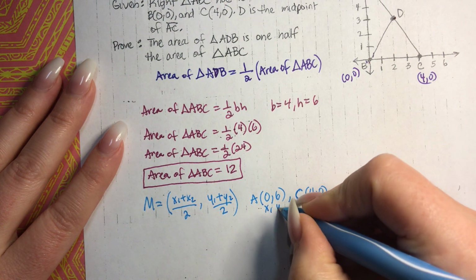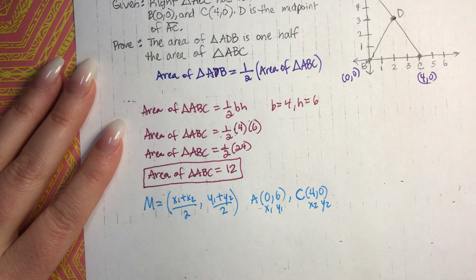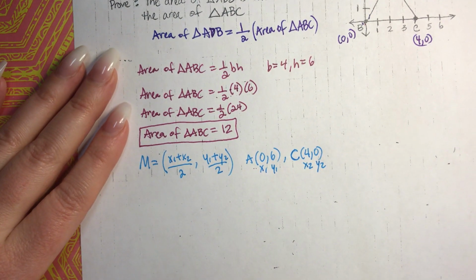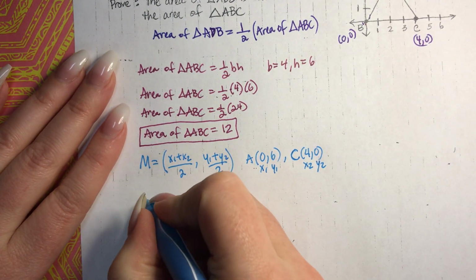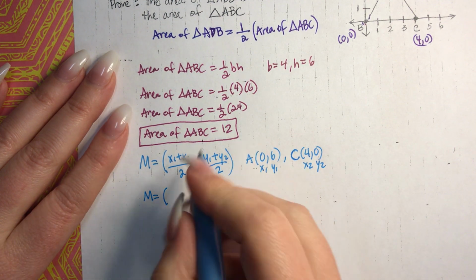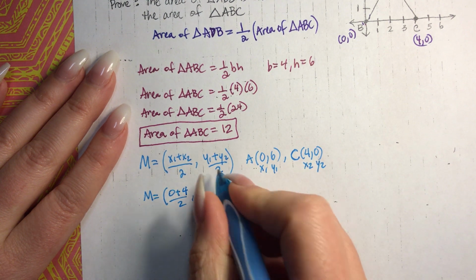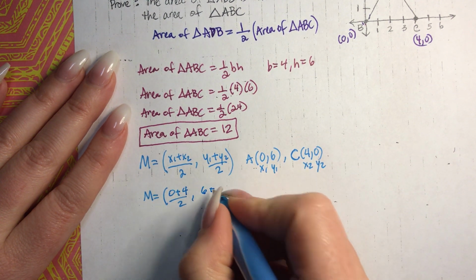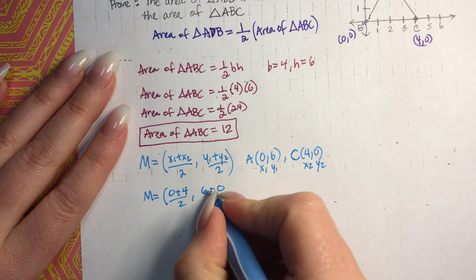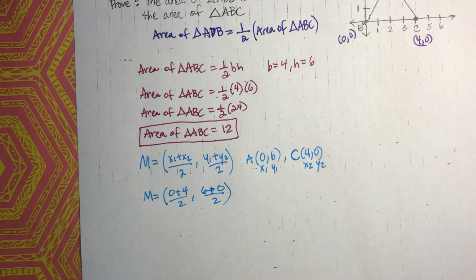So this is my x1, y1, x2, y2. Then we're just going to substitute the values in. So we end up with the midpoint being x1, which is 0, plus x2, which is 4, divided by 2, and y1, which is 6, plus y2, which is 0, divided by 2.